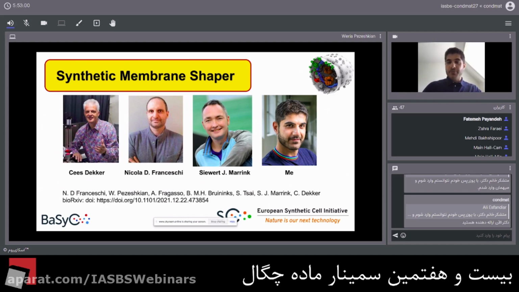And one of the properties this cell should have, this is the definition for the success of the project, is that this cell needs to be able to divide. So therefore, we want to try to make a division machinery for this, how to control the membrane shape and then split it. This work is only about how to control the membrane shape.